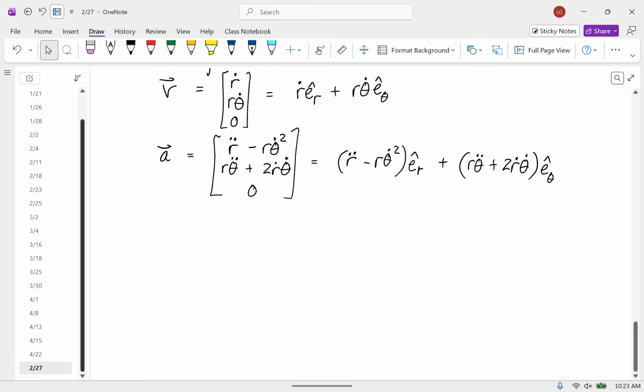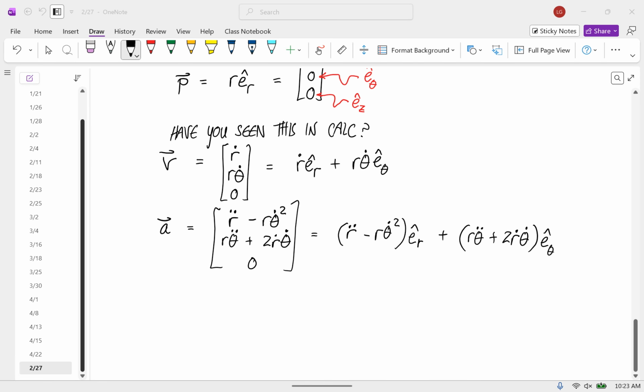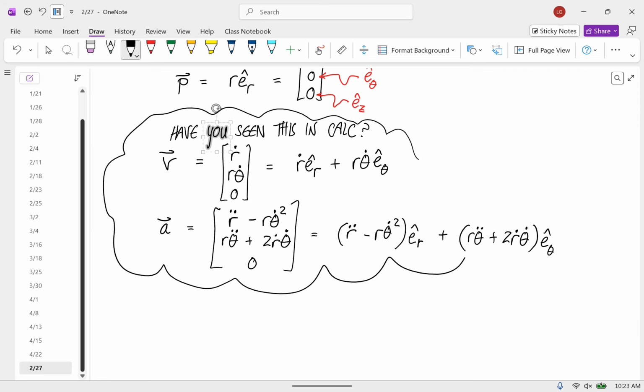And so what we're going to do is we're going to derive these two expressions. So I'm going to just set this aside, and we're going to derive these two things. And I think it'll help us make sense out of what all the things in these equations are.